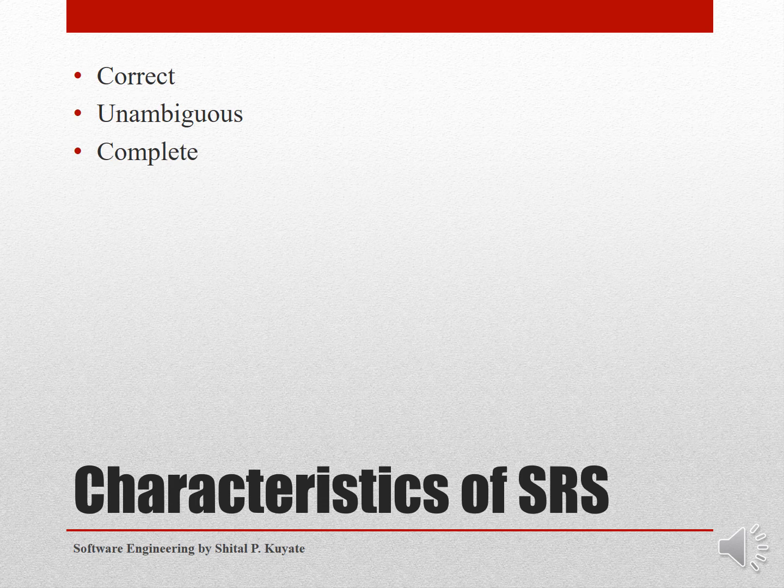Then the third one, that is complete. SRS is complete when the requirements clearly define what the software is required to do. This includes all the requirements related to performance, design, and functionality.